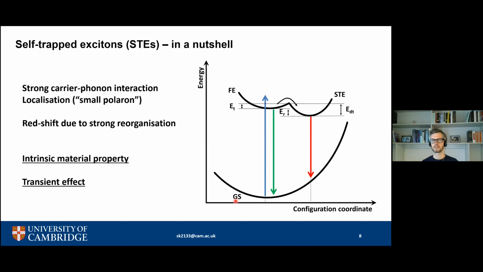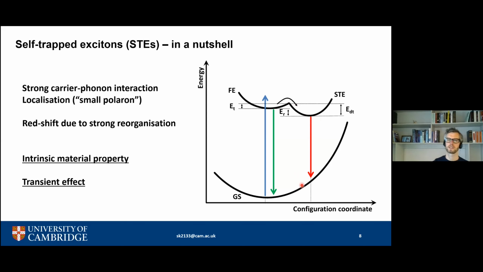So the exciton self-traps. Often this is shown in such a configuration coordinate model where you see a ground state and your excited state, that would be the free exciton, but this reorganization, so change of the configuration coordinate, allows for the exciton to go into a lower energy state. And then accordingly, if this now recombines radiatively, it's redshifted.